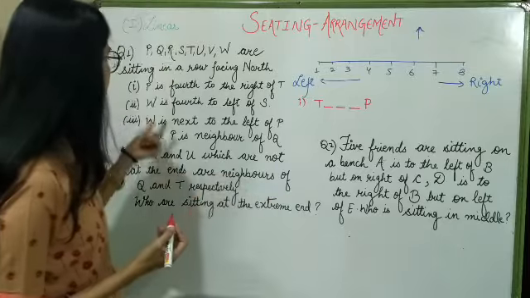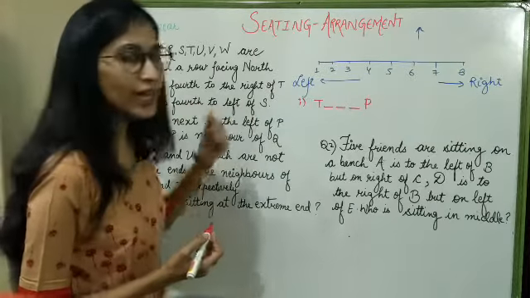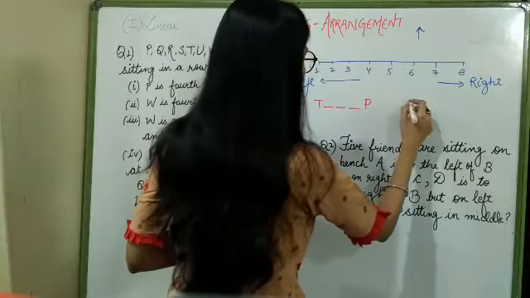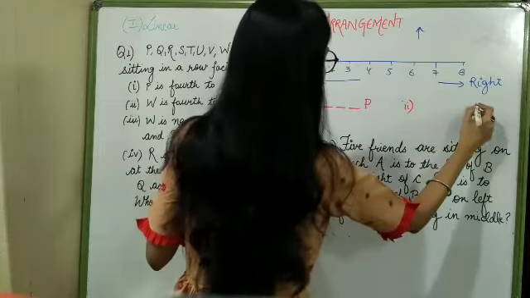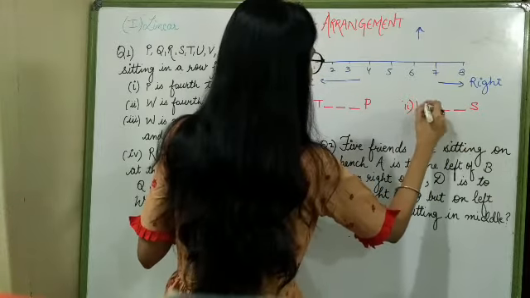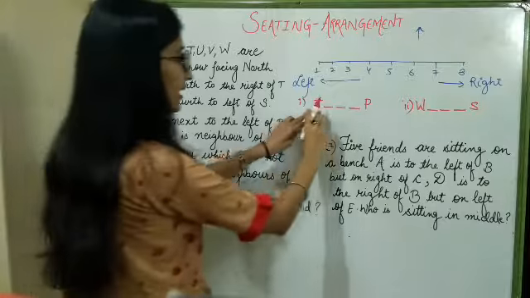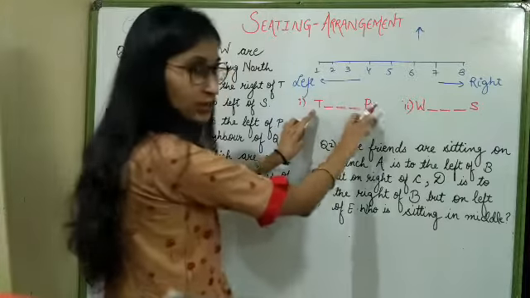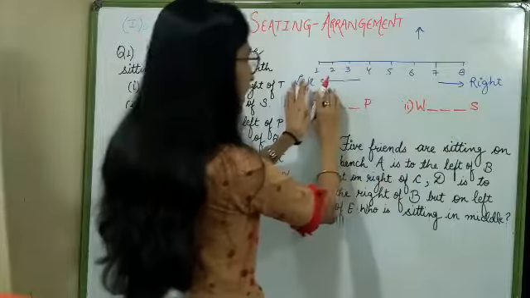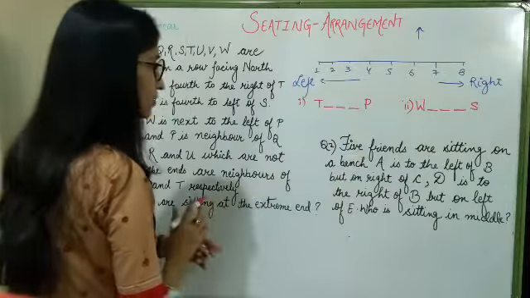Second statement is: W is fourth to the left of S. So W is fourth, first, second, third, to the left of S. Here P was to the right, so I have placed this in the right direction. W is to the left, so I have placed W in the left direction.